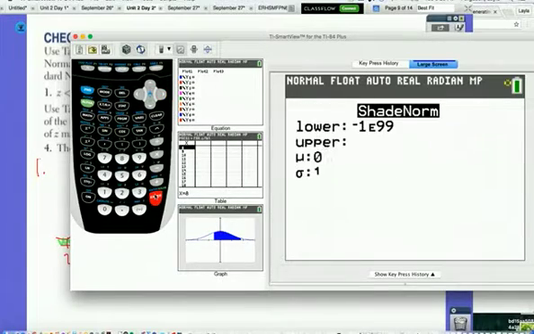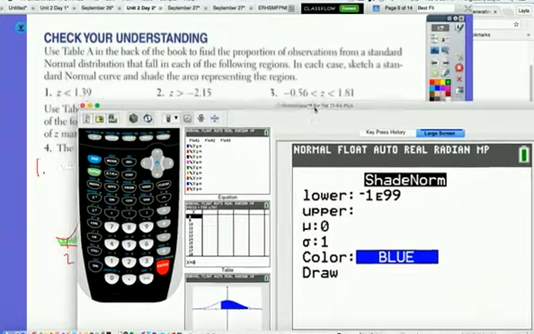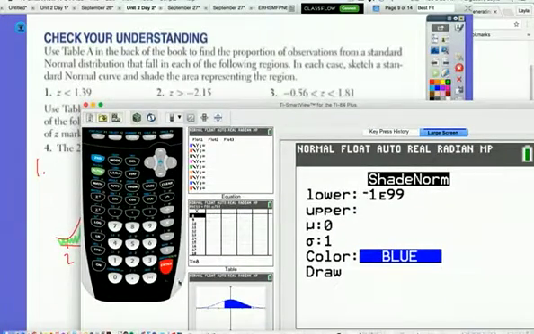So we're going to do shade normal. For our lower bound, it's going to be the lowest thing that we want, which is negative 0.56. And our upper bound is going to be the highest thing that we want, so 1.81. Your mean, of course, is 0. Your standard deviation, of course, is 1 because it is a standard normal.